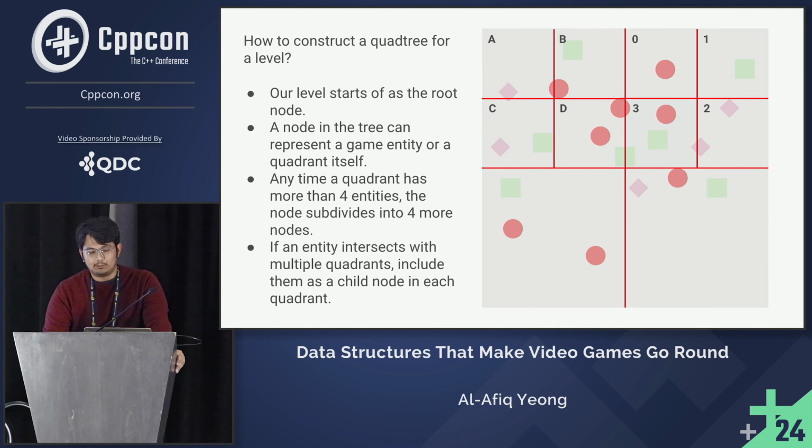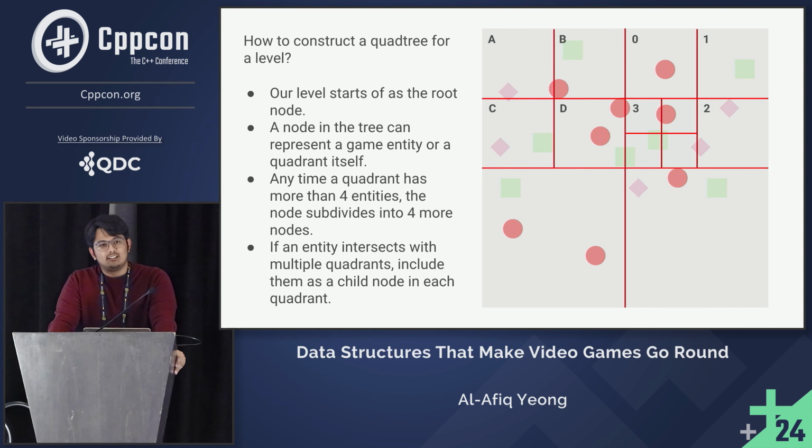In the quad tree implementation, I think the objects that intersect with the lines need special handling. For example, there is a circle. There's an object in D that is also in 3. Does that exist in both quadrants?